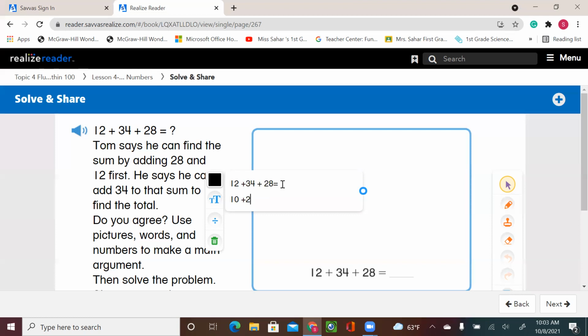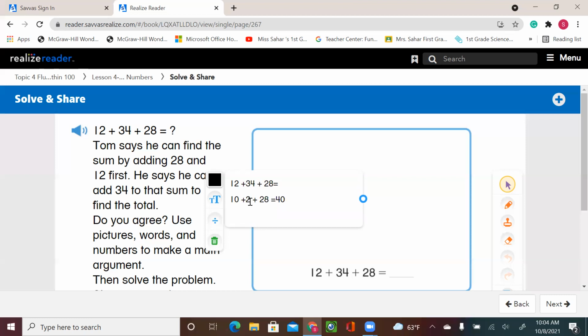That's the 12. And then he adds the 28. So now we say I have 10 and 28. That's 38. 38 and 2. Very good, 40. So that's the two parts that he decided to do first.